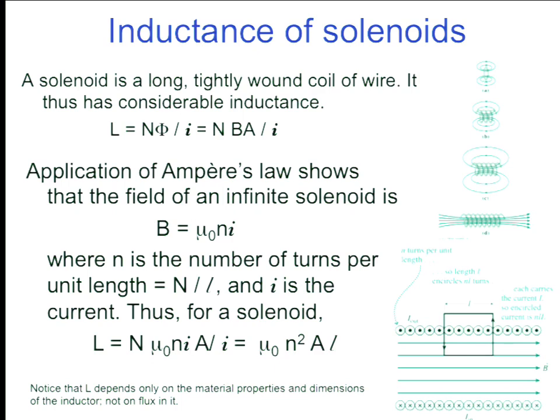You have N squared, big N, mu zero, A over l. So this would be the inductance of a solenoid. Let me put it down here because we want to make some comparison to other things that we know. The inductance is mu zero n squared A over l.